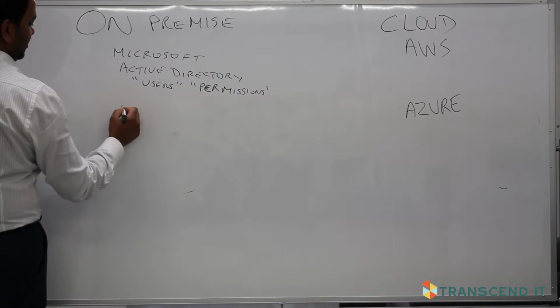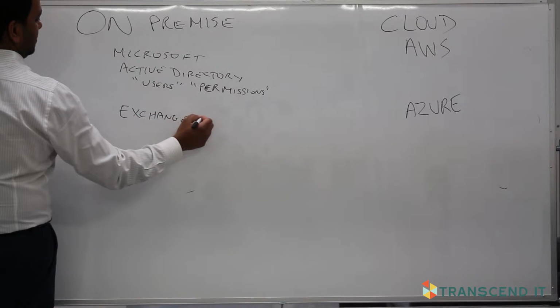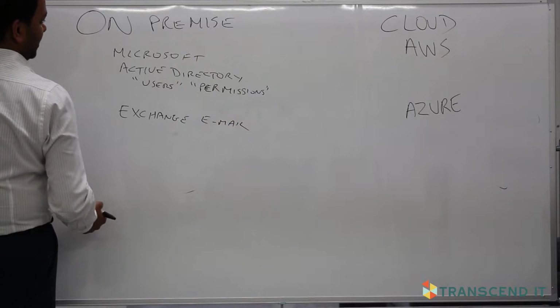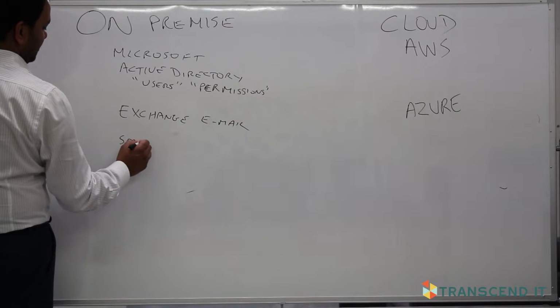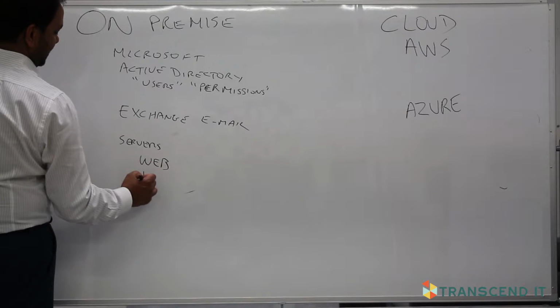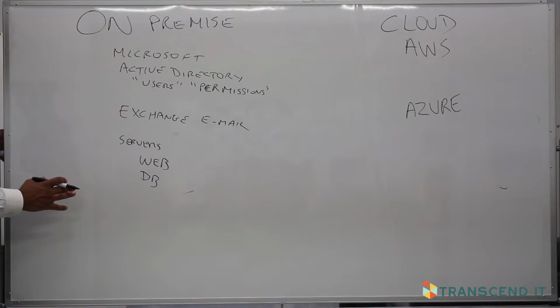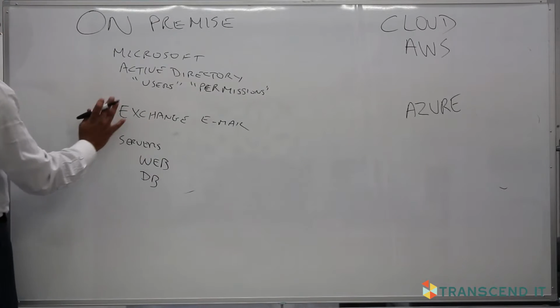You might have Exchange email. And you'll have a bunch of other servers, right? Like web servers and database servers and all kinds of stuff. So when it's on-premise, it just means that your own internal IT staff manages all of it.